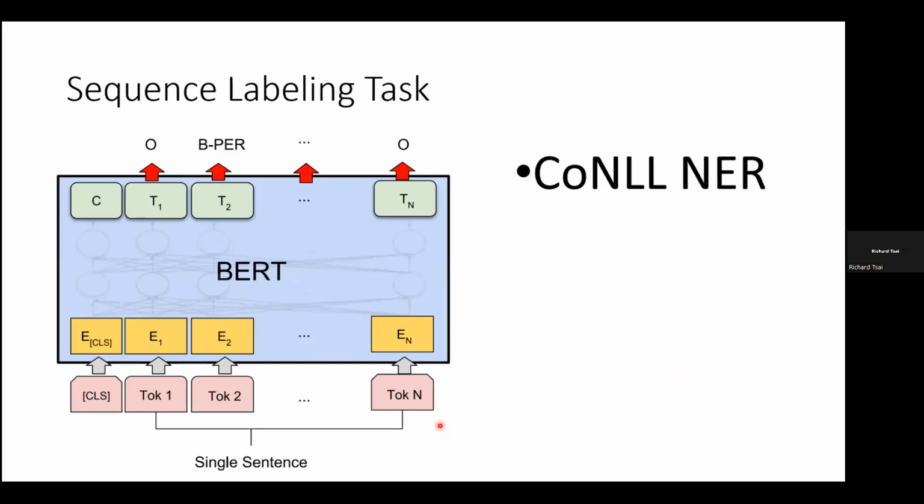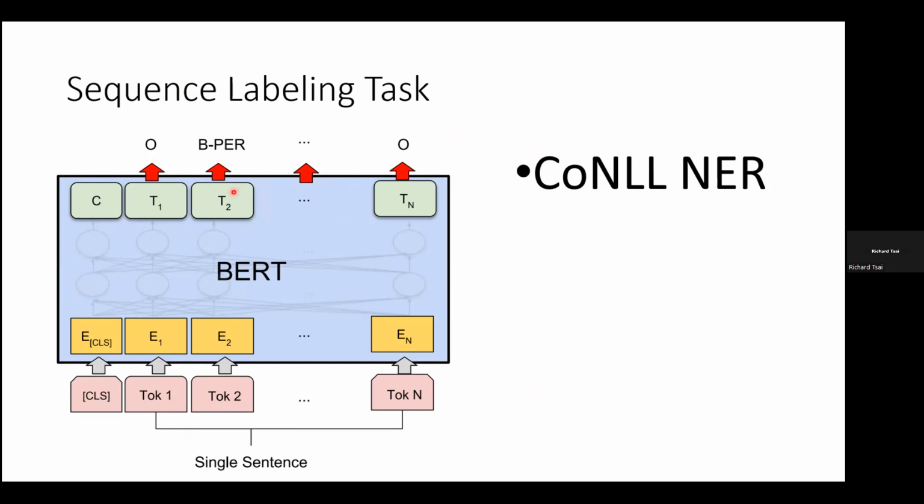The fourth configuration is employed for sequence labeling tasks. In this setup, the input consists of a single sentence, and BERT produces tags corresponding to each token in the sentence. A classic example of a sequence labeling task is named entity recognition, where the tags represent named entity types along with their position in the text.